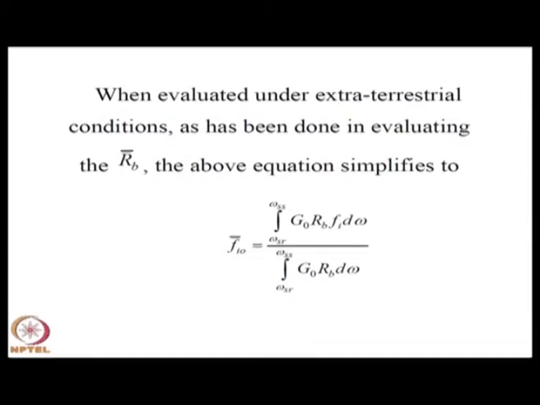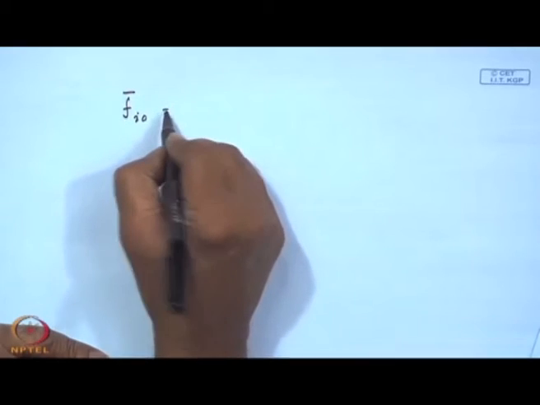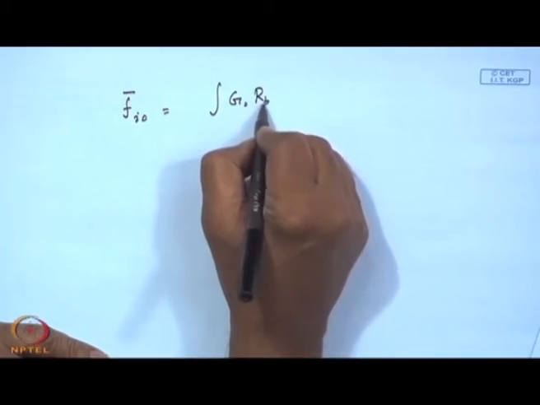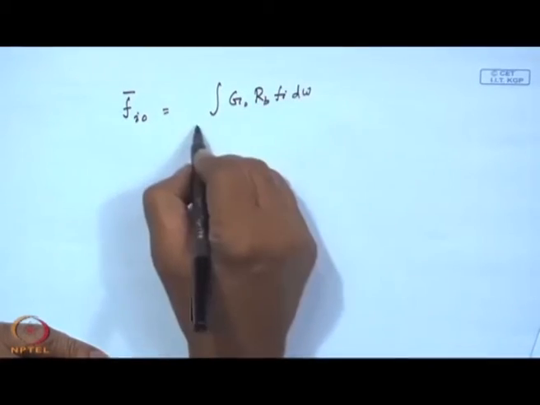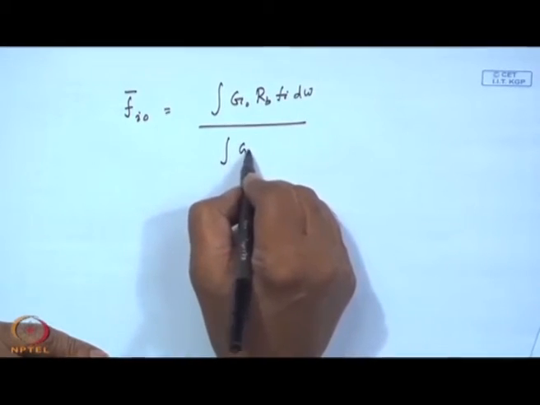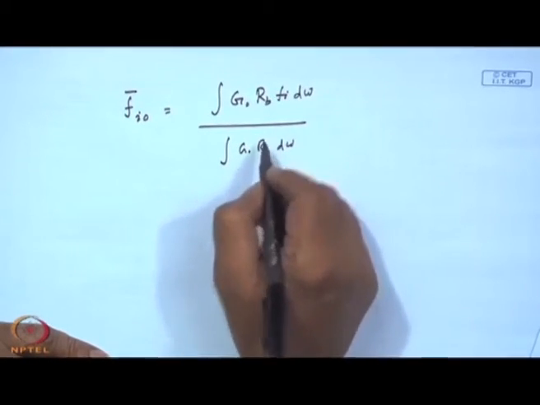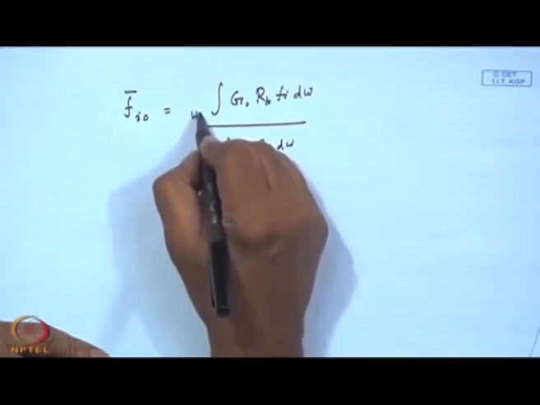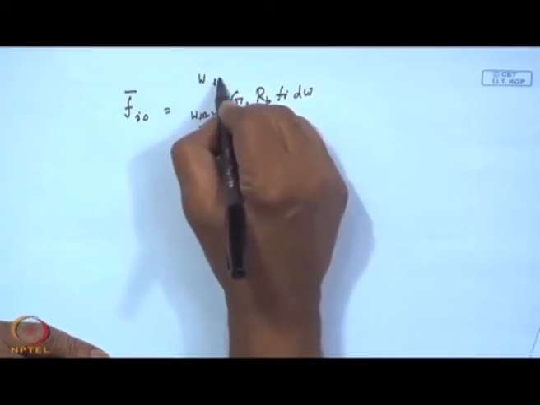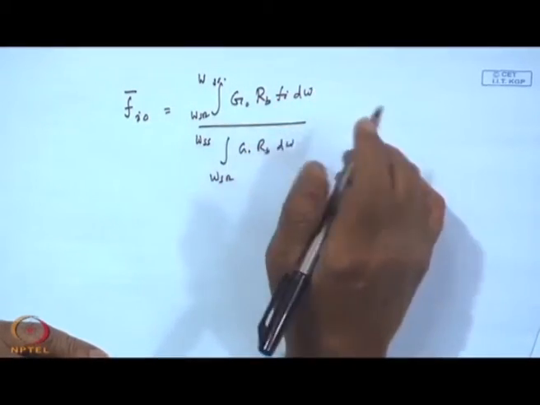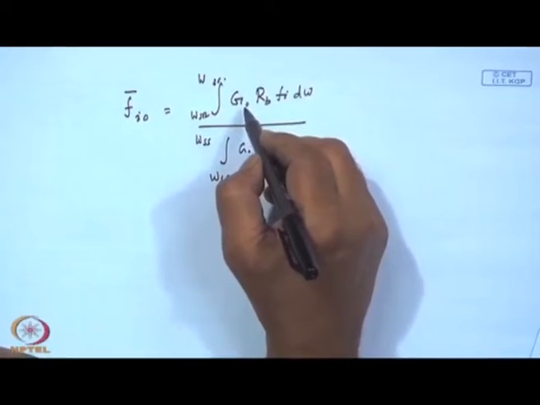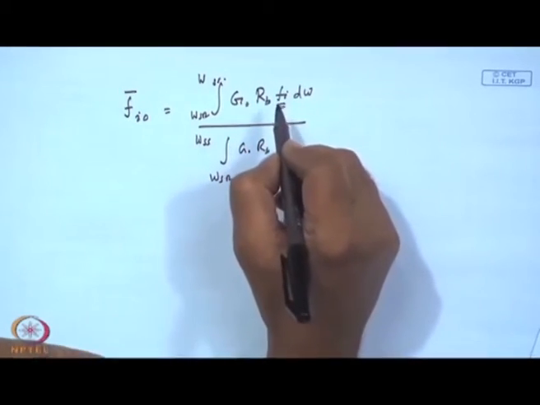So, just like in the extraterrestrial directional conditions, this will be an integral. Of course, I will use the intensity G0 Rb Fi d omega upon G0 Rb d omega, again from omega Sr to omega Ss. So, it is the total radiation that will fall on the collector surface with a shade of shading factor Fi, compared to that if there is no shade.